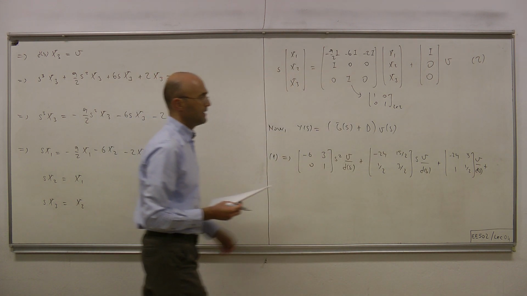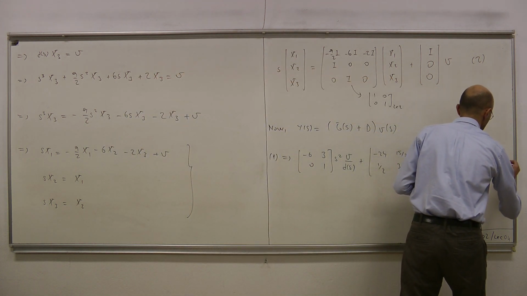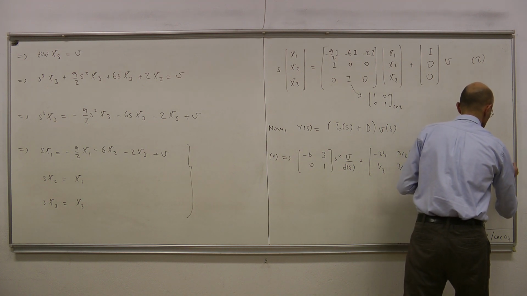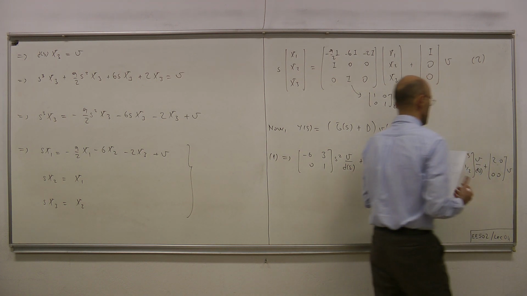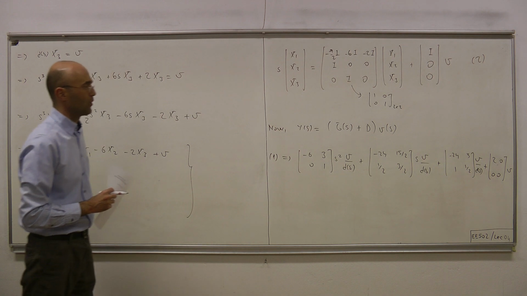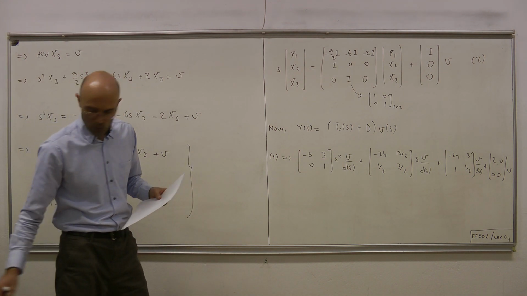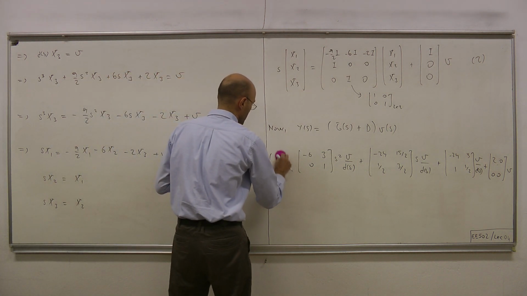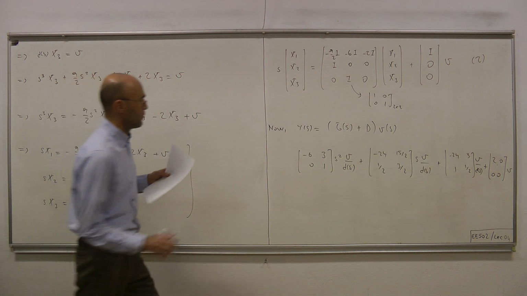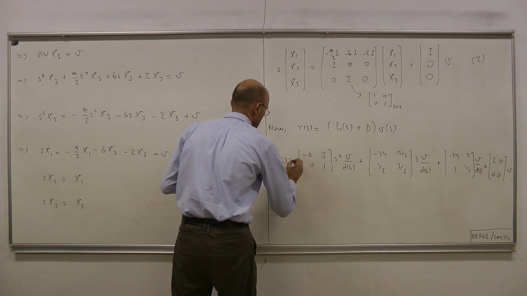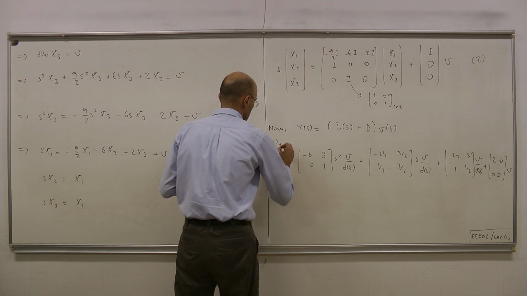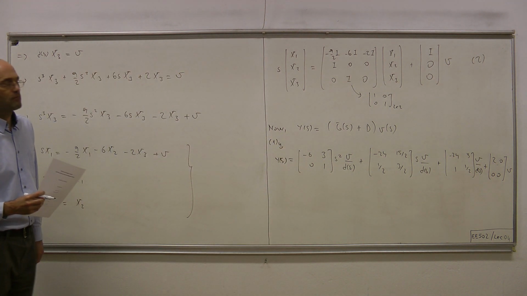Okay, finally let me squeeze here d times u, which is 2 times u. Okay, so this of course equals y. Yes, so this you obtain from equation 1.